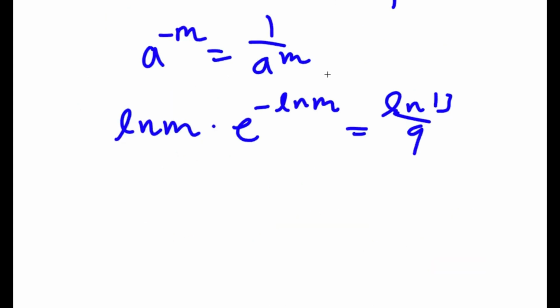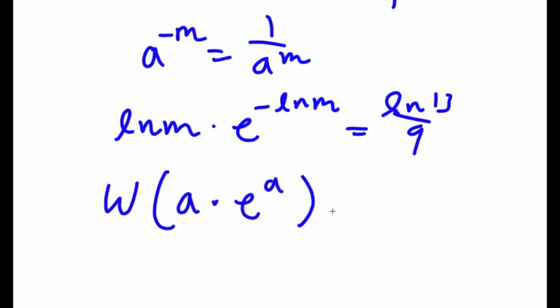Now to solve this, what I'm going to use is the Lambert W function. And what the Lambert W function states is that if I take the W of a times e to the power of a, this is simply equal to a.